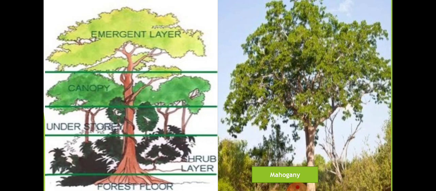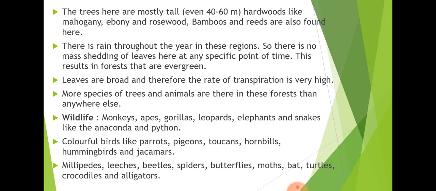So there you can see the picture of one of the plants which is found in this region, that is the mahogany. This is the famous plant which is found in the tropical evergreen forest. Now the trees found in this area are so tall, about 40 to 60 meters. They are hardwood.